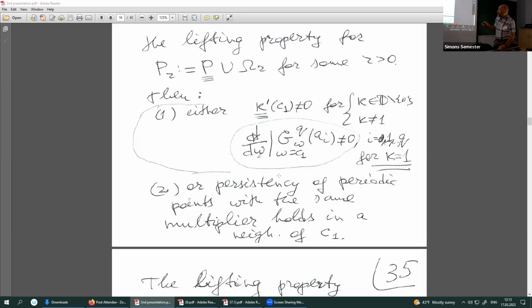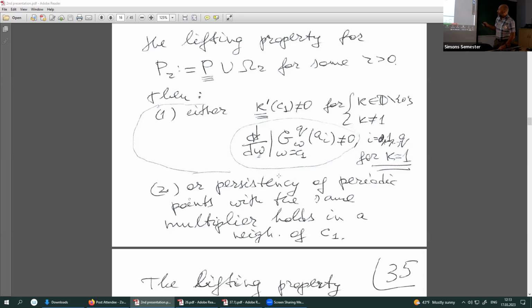The derivative, if the periodic orbit was either attracting or parabolic with multiplier not 1, then this periodic orbit, of course, by the implicit function theorem, persists in a neighborhood. So the multiplier is a holomorphic function. So then this derivative of this multiplier at the initial parameter is not 0.